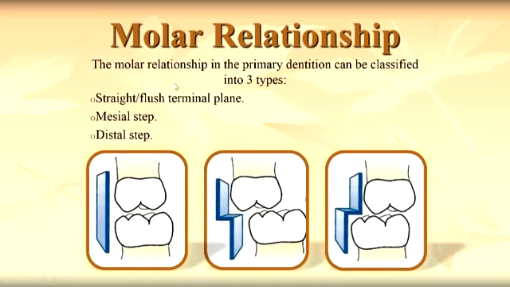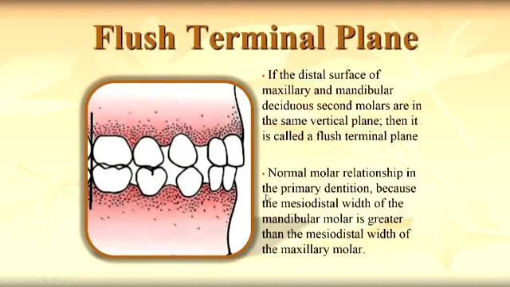Molar relationship. This is a very important step. The molar relationship in primary dentition can be classified into three types: straight or flush terminal, as shown in the first picture, mesial step, and distal step.